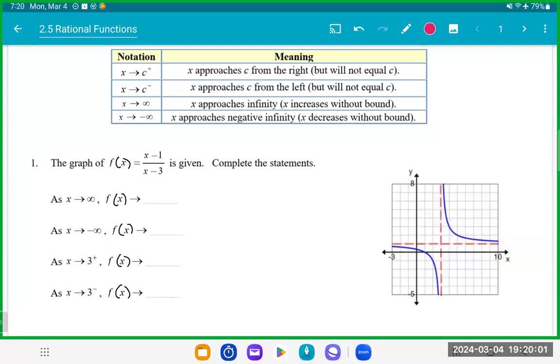That plus sign, think about that in terms of the word right. You could also think of it, our positive numbers on our x-axis are to the right of the y-axis, and our negatives are to the left. So that's how I keep the plus and the minus straight in my mind: when we're talking about plus, its values are coming from the right, and if it's minus, its values are coming from the left.